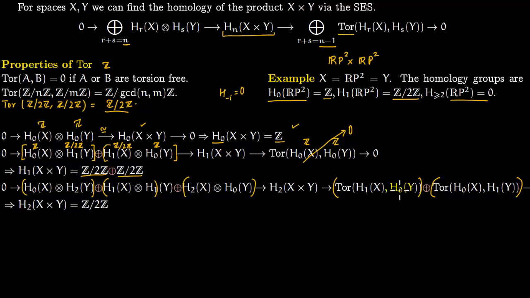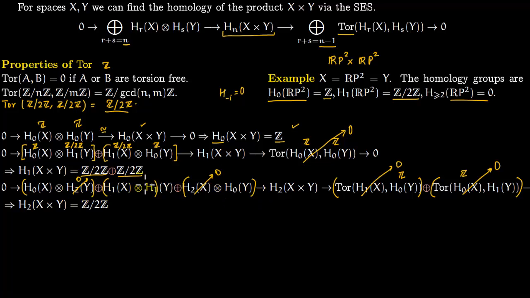So now first look at the Tor terms. For the Tor terms, you know the H0 term is the integers. Here again, this is integers. So once you have integers, this will become 0, and this becomes 0. So everything here comes from these three terms. Now we know H2 is 0, so this is 0, and here also this is 0.